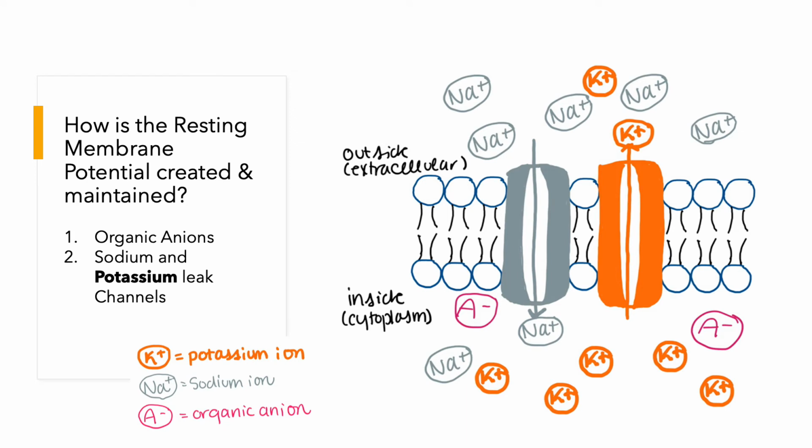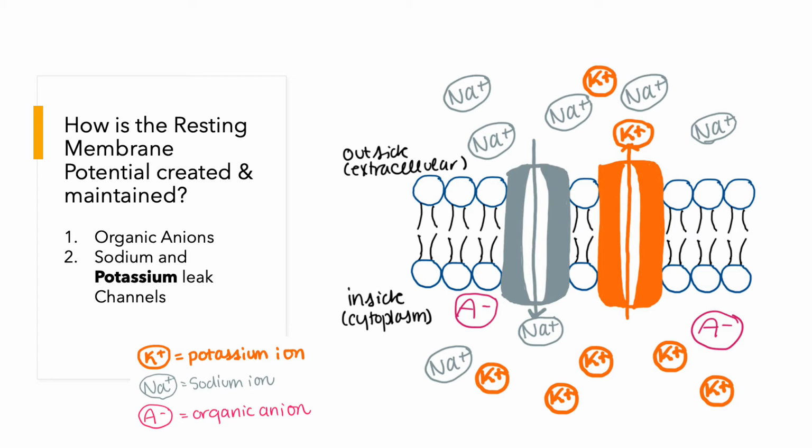The second way in which the resting membrane potential is created is by sodium and potassium ion channels. The ion channels that contribute to the resting membrane potential are leak channels. They are open at resting membrane potential and they allow sodium and potassium ions to move through them passively, just like the barrel we talked about last week.